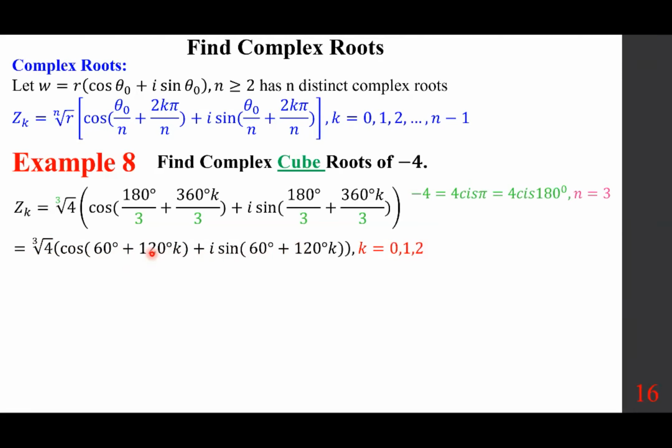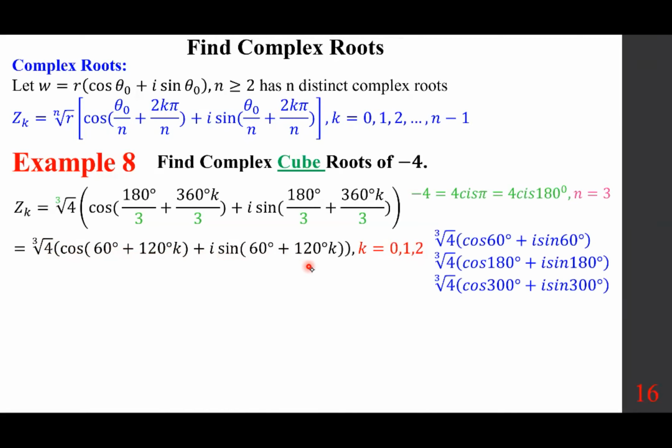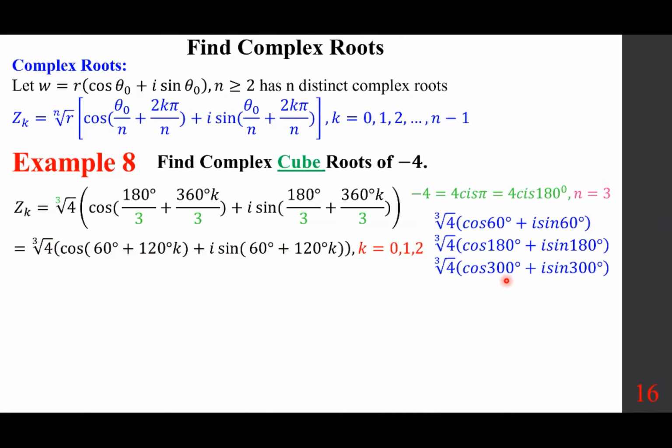Let's do 2. 2 times 120 is 240 and 60, 300. Cube root of 4 cosine of 300 degrees plus i sine of 300 degrees. So those are the three roots by using 0, 1, and 2.